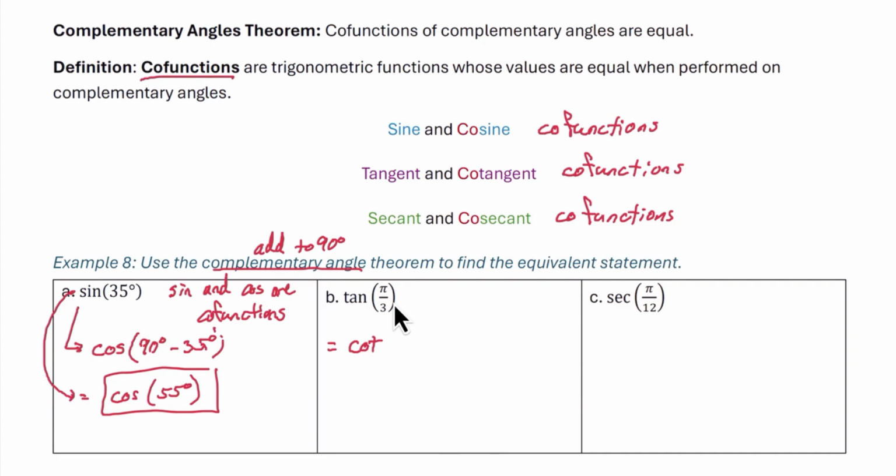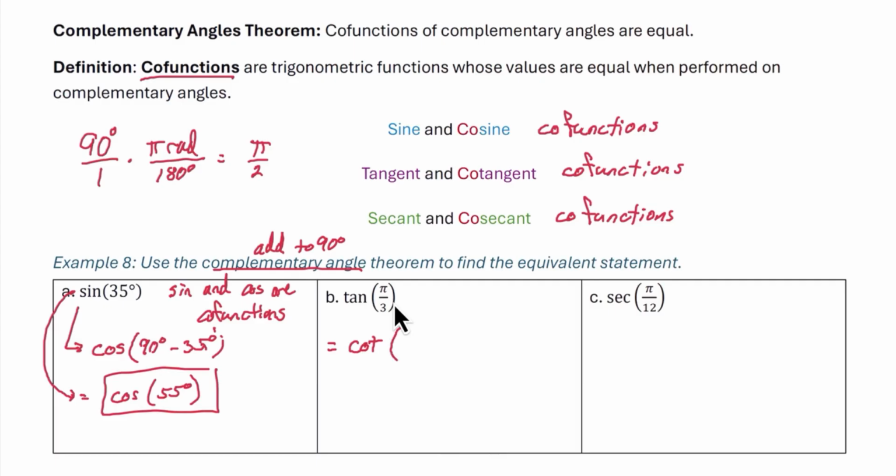If you don't already know it, let's do that off to the side. 90 degrees divided by 1, we can multiply by pi radians divided by 180 degrees. This will give us pi halves. So 90 degrees is the same thing as pi halves radians.